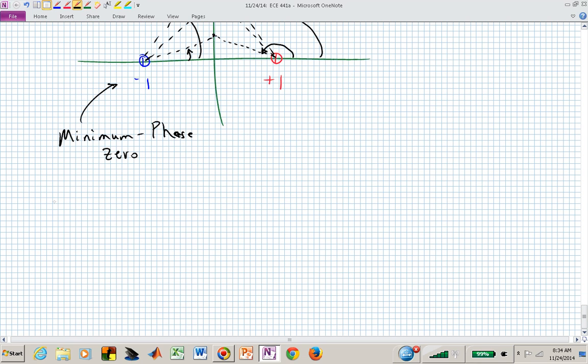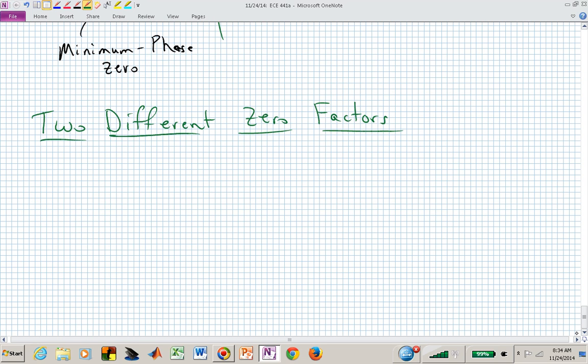The reason is because we're looking at two different factors. Those aren't both in the same system. I now have a blue system and a red system. I have a blue team and a red team. We have two different zero factors, which, summarizing what we just talked about, let's say we now have the left zero factor.